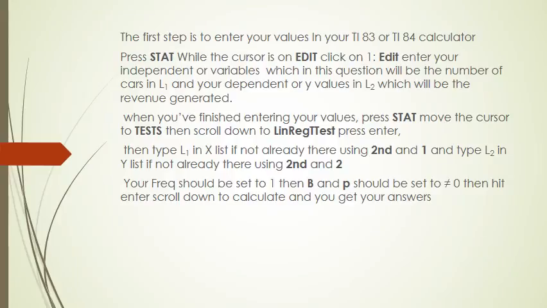The first step is to enter your values in the TI-83 or TI-84 calculator. You press Stat, which is the button right under the button that says DEL, and then when your cursor is on Edit, you click on 1, which is Edit as well, and then you enter your independent or X variables, which in this question will be the number of cars.